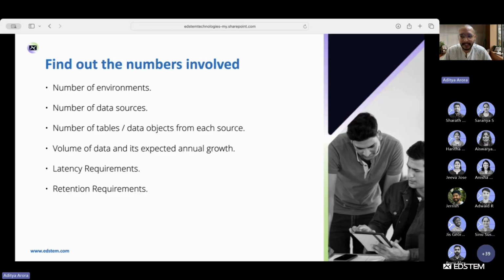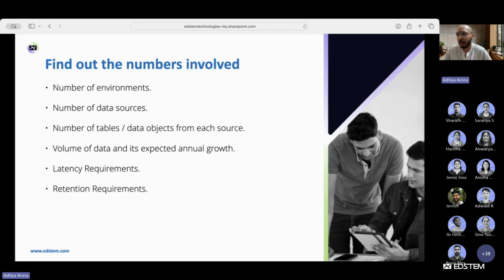Because this is also a mistake that some people make where they do their calculation based on what their initial input might be. Maybe they have to deal with 100 GB and then they procure 150 GB of storage thinking they have a 50 GB buffer. But then it grows at a rate of 20% per month. And then everything blows up at the end of the third month, right? So you need to know the growth rate as well, or expected growth rate.